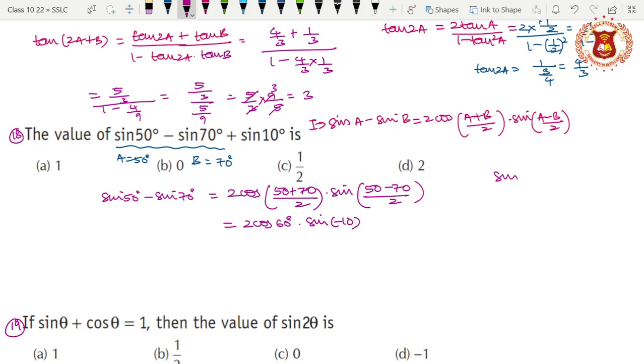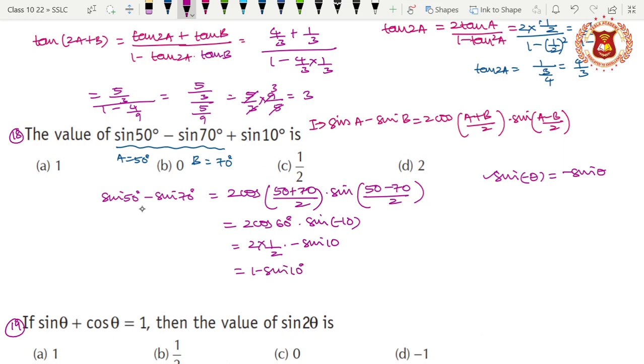As we all know, sine of minus theta is equal to minus sine theta, right? Therefore 2 cos 60 is 2 into half, since cos 60 is half, into minus sine 10 degree, which is equal to 1 into minus sine 10 degree.